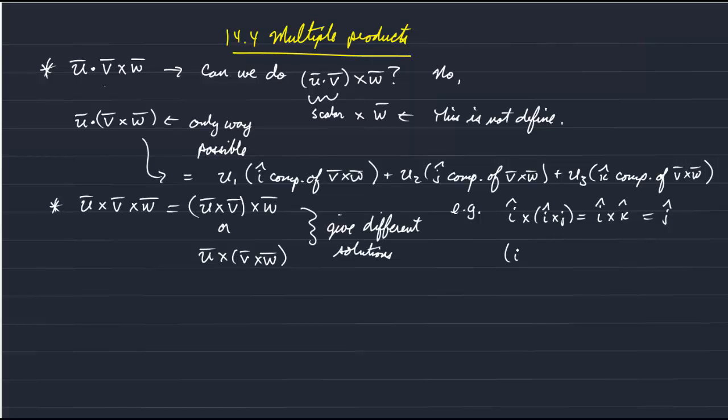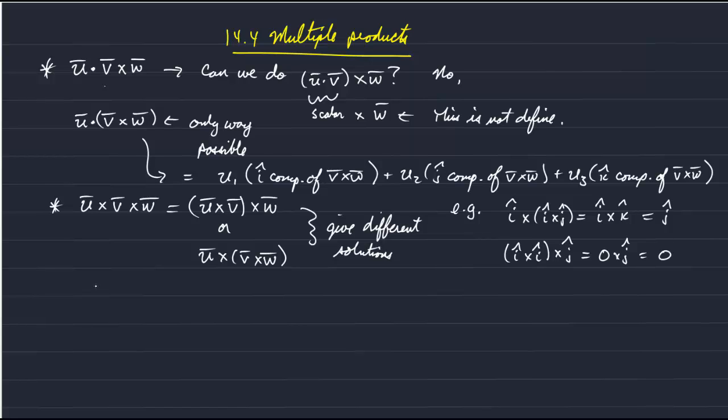Alternatively, we could cross i with itself first and then cross with j hat, and that's equal to, well, the zero vector crossed with j, and that's equal to 0. So this is an example in which carrying out the multiplication in different orders does matter for this double cross product.